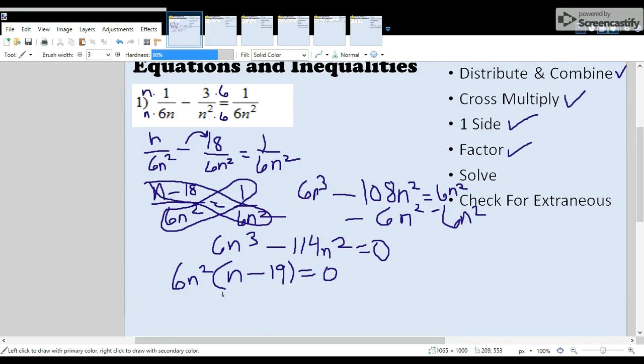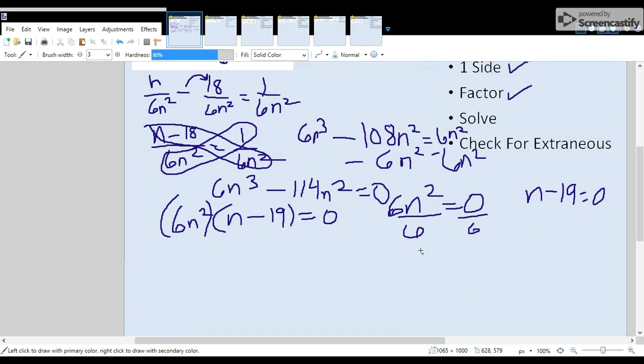So we're going to set both of these parentheses items equal to 0 to solve for our 2 different n's. So divide both sides by 6. 0 divided by 6 is just 0 still.